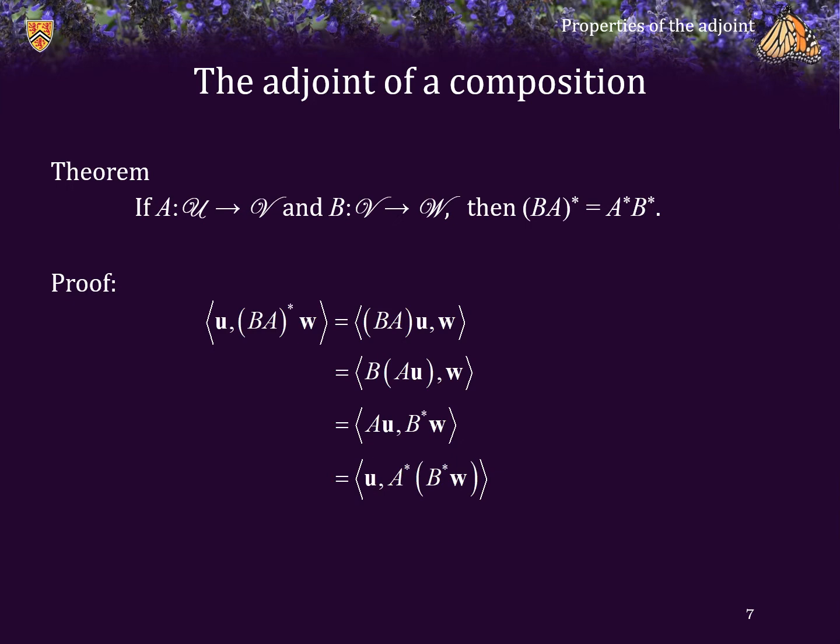But by the definition of composition, this is the composition of the adjoint of A and the adjoint of B. Therefore, the adjoint of B composed with A is equal to the composition of the adjoint of A and the adjoint of B.